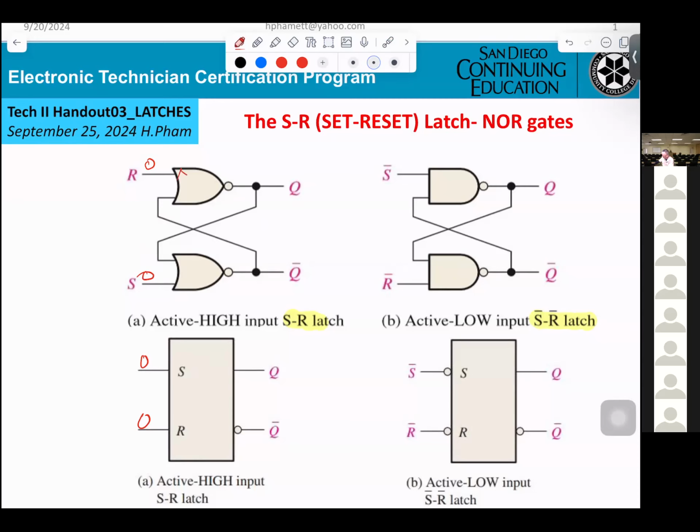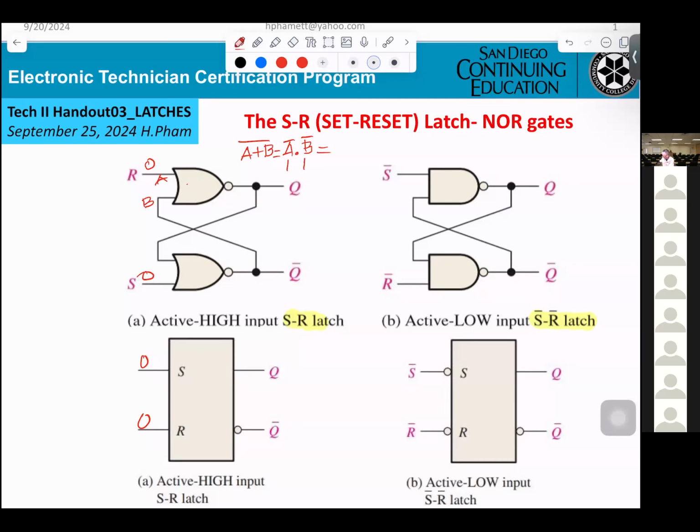Again, A, B. Even I couldn't remember. If you get A, B, then it's A or B, not A, not B, or not S and not R. So if S is 0, then that will be not 1; R is 0.